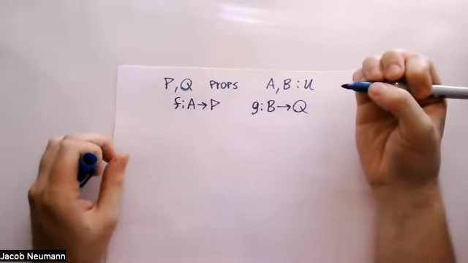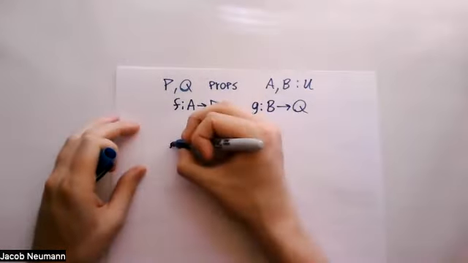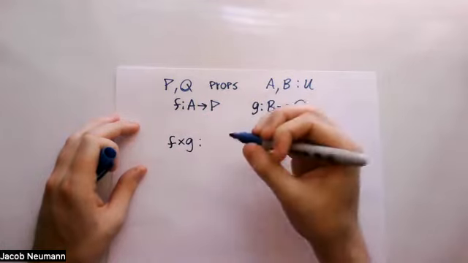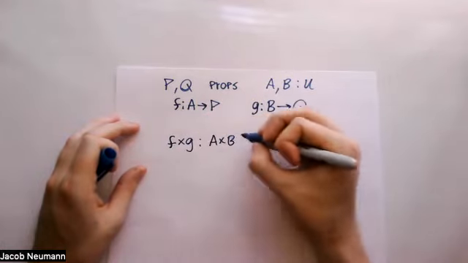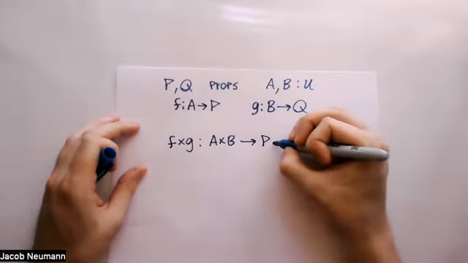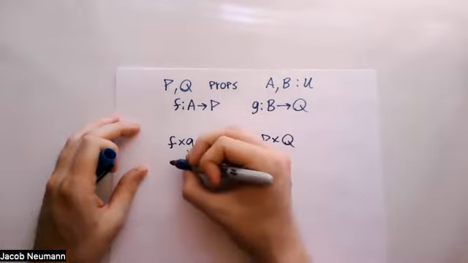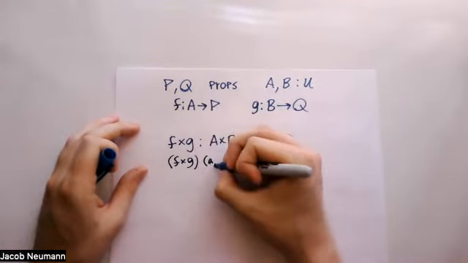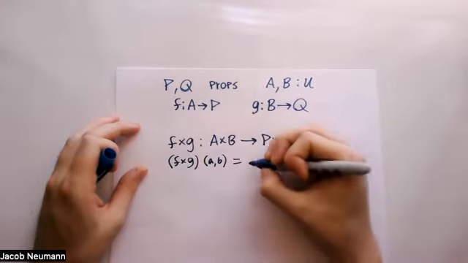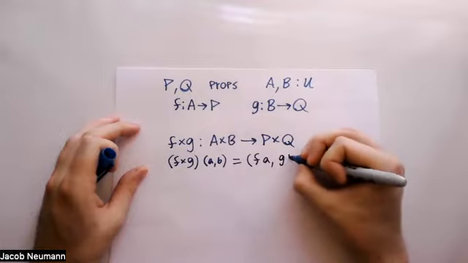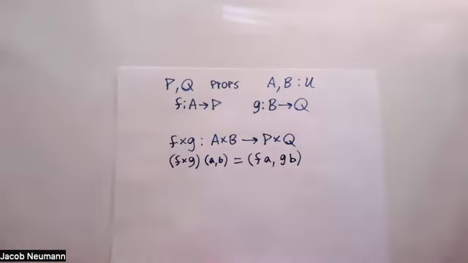And so the first thing I can do is form this map F cross G, which goes from A cross B into P cross Q. That does the thing you kind of expect: (F cross G) of (a, b) is (F a, G b), of course.